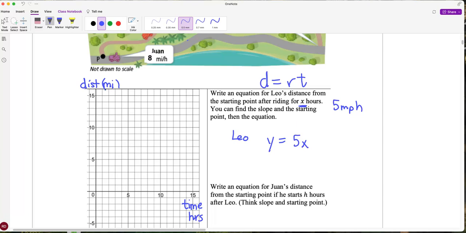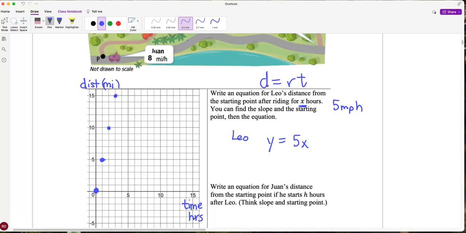I know that there's a 40-mile trail, so I'm not going to be able to do the entire thing here, but I know that his rate is 5. So if I look at what is happening with Leo, he starts here, and for every hour he goes 5 miles, so the rate is 5 over 1, and so forth. So I can see this is what's happening in his ride.